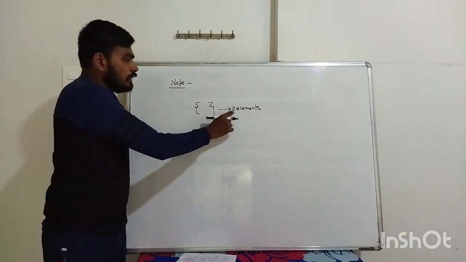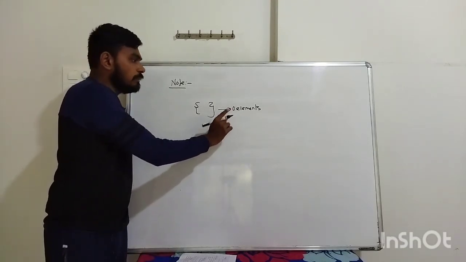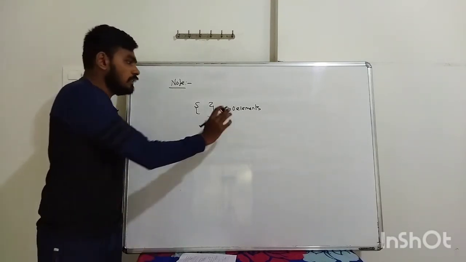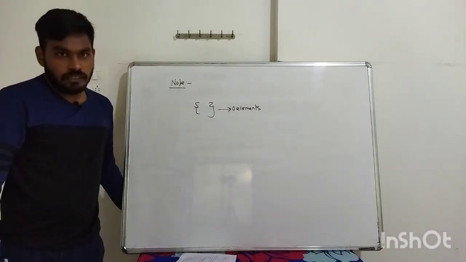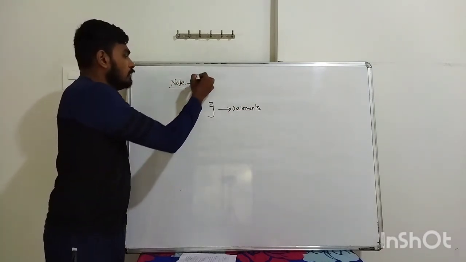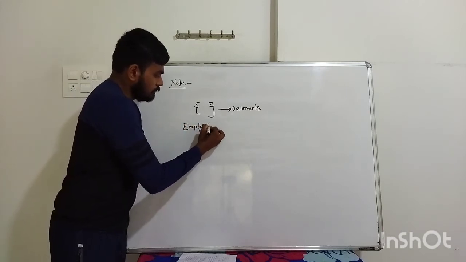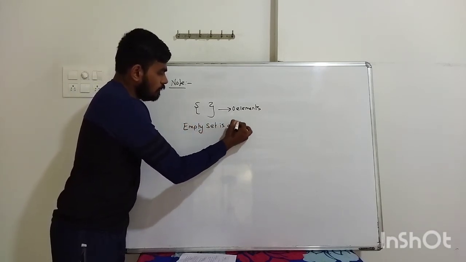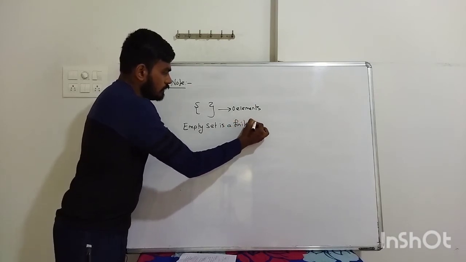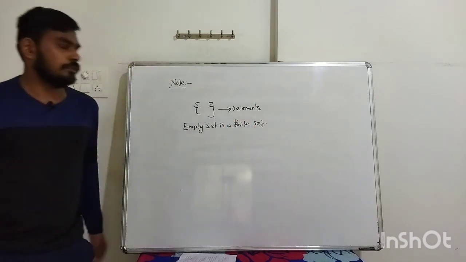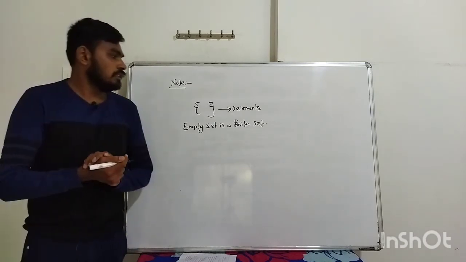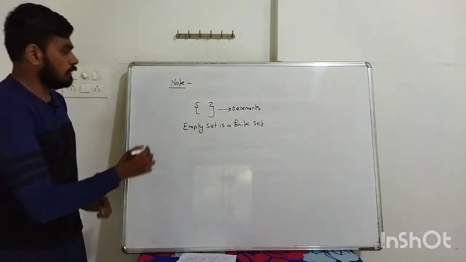So this is definite, correct, that there are 0 elements in it. Since there is no element, we can say that there are 0 elements, so we can actually count. Therefore the empty set is a finite set. Just remember this.